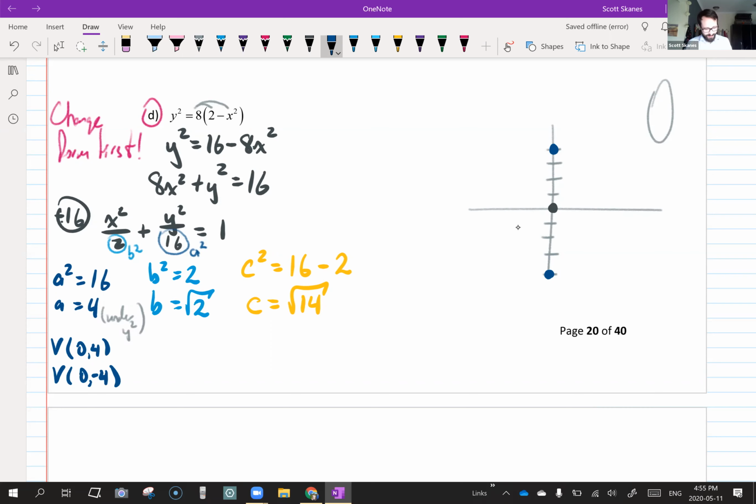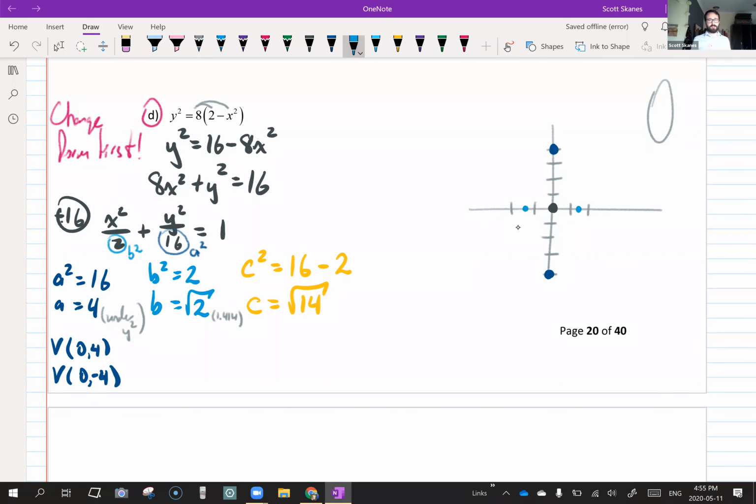I'm so tired. Okay, co-vertices, let's write it in. What's root 2? Root 2 is 1.414. So let's go over by, let's give it some space, 1, 2, and we need to go about 1.5. 1.4 is almost 1.5. The sketch doesn't need to be perfect, but 1.5 is about there and there.